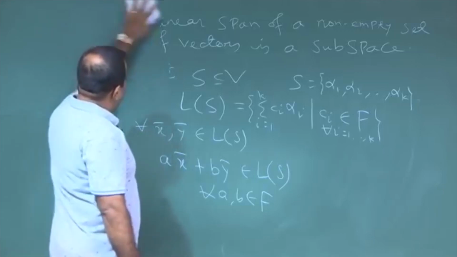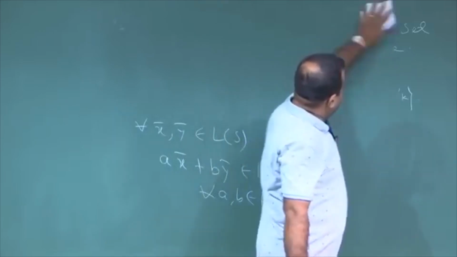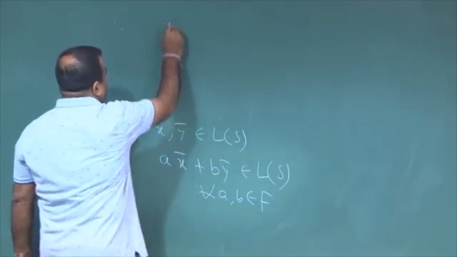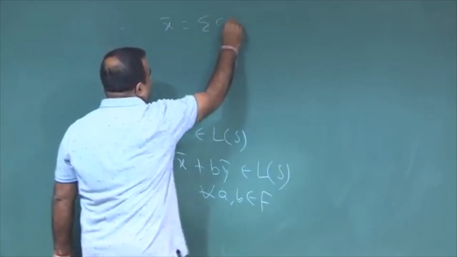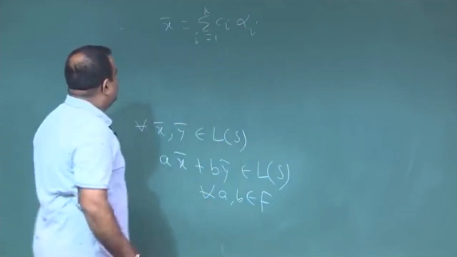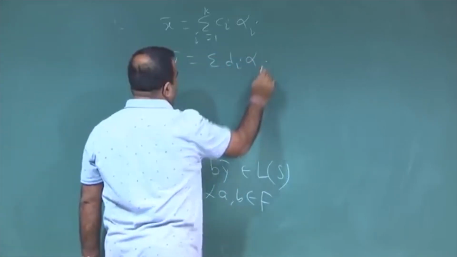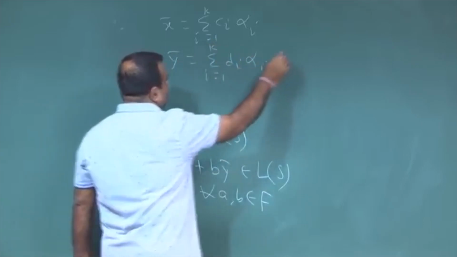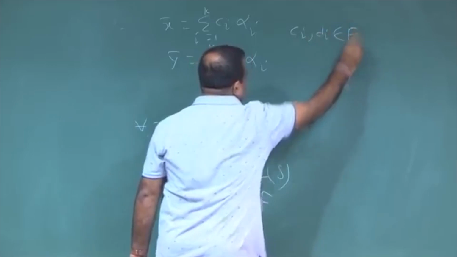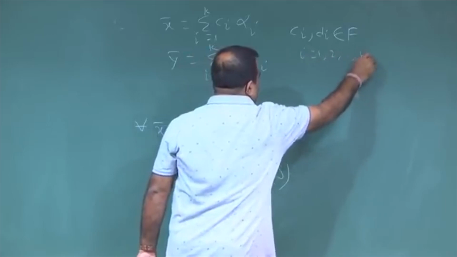So, this is how to prove this. We have to take two elements x, y from this L S. So, x, y belonging to this means x will be represented as the sum of C I alpha I, I equal to 1 to k, and y will be represented as the sum of d I alpha I, where C I, d I are coming from the scalar field F, I equal to 1 to k.